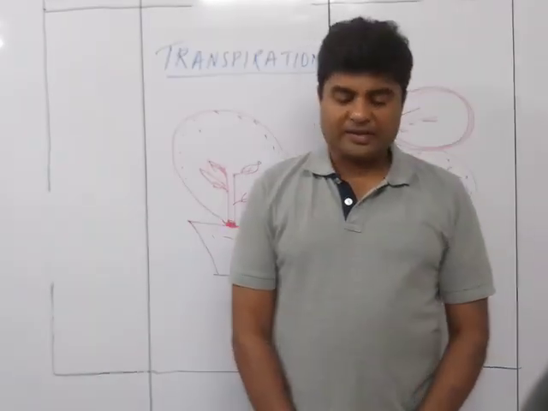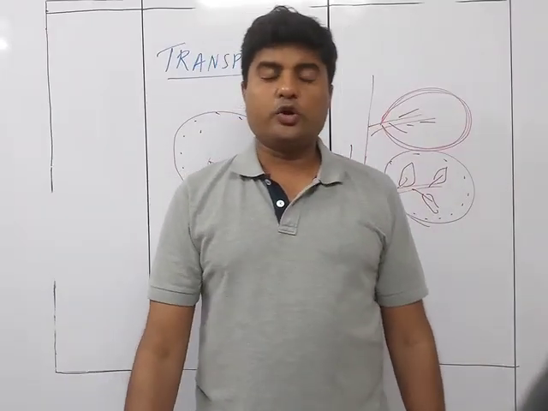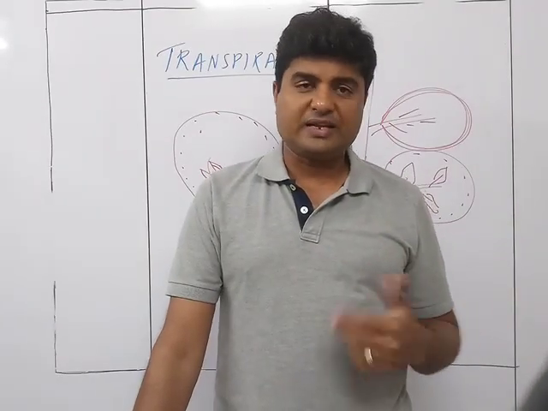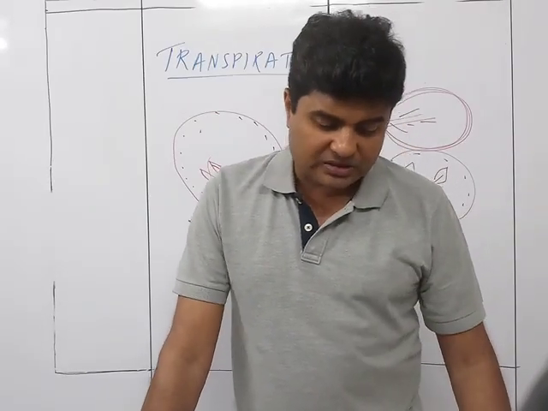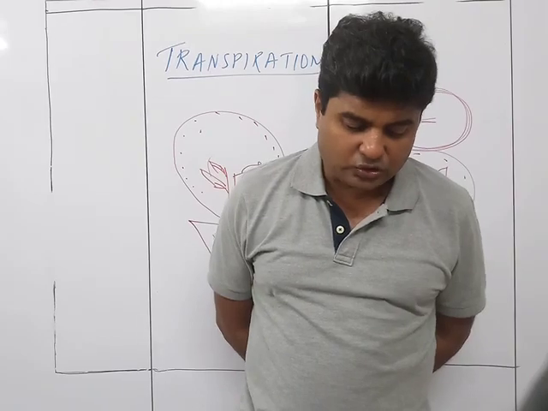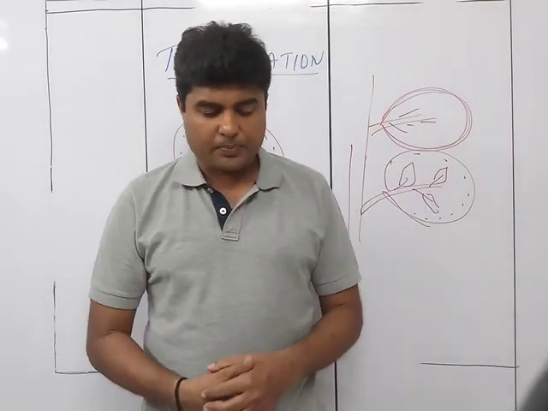Now we also see the importance of the minerals which are taken in along with the water. Nutrient elements, minerals, are essential for the plants to grow well and complete the life cycle properly.